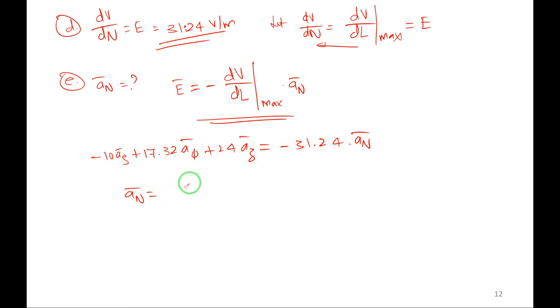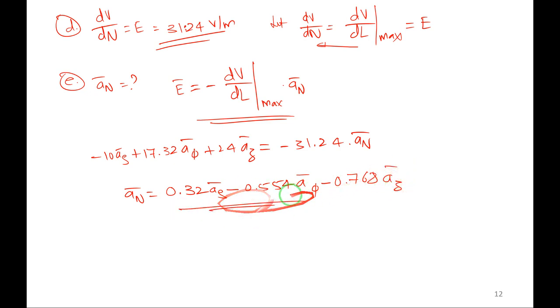So minus 10, and with the minus sign it becomes plus, 10 divided by 31.24, so I am getting 0.32 a_rho. Then the next term: minus 17.32 divided by 31.24, so I am getting 0.554 a_phi. Then the third term: 24 divided by minus 31.24, so it will be minus 0.768 a_z.